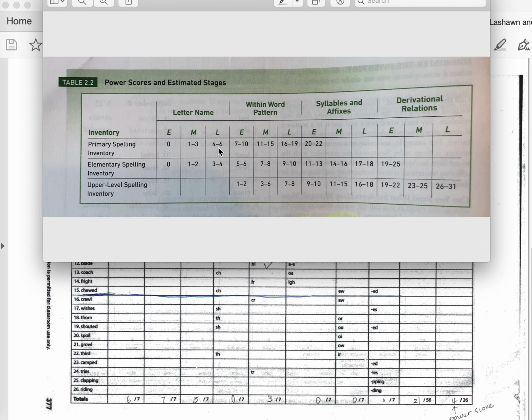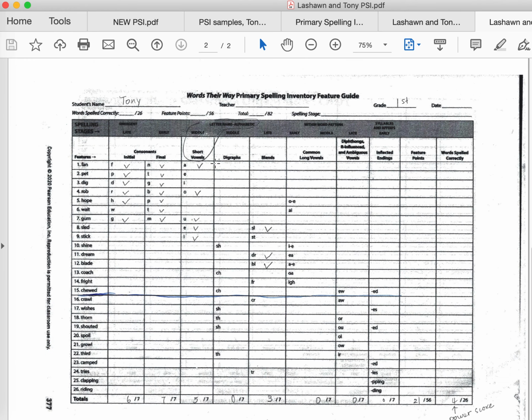However, according to his feature guide column scores, Tony is a middle letter name alphabetic speller because the first feature column where he had 2 or more arrows was short vowels.